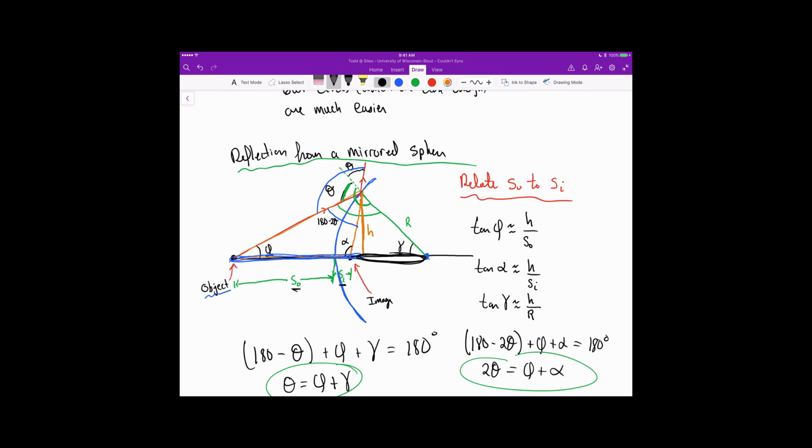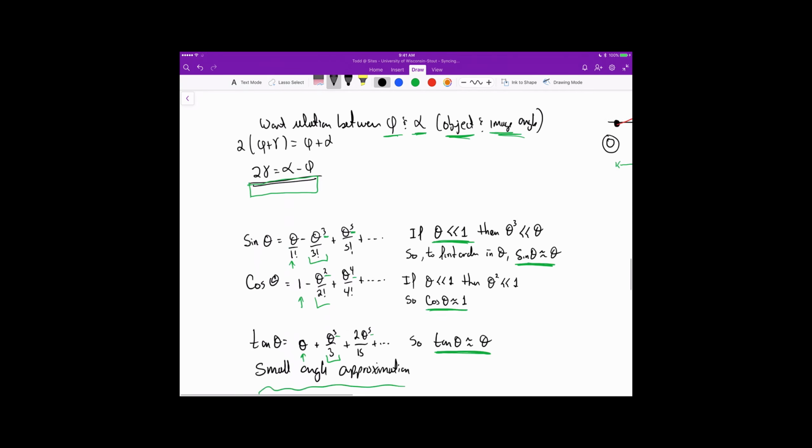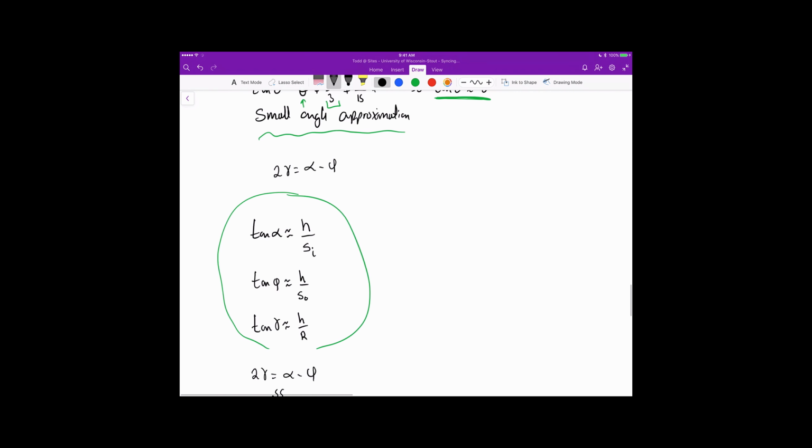Now this only works for small angles. The way the diagram is drawn, my angles are magnified. So if we were doing this in a real system, these angles would have to be very, very small, very close to 0 for this set of approximations to work. So what I'm going to do is use this along with the fact that the tangent of each of these angles is approximately equal to the angle.